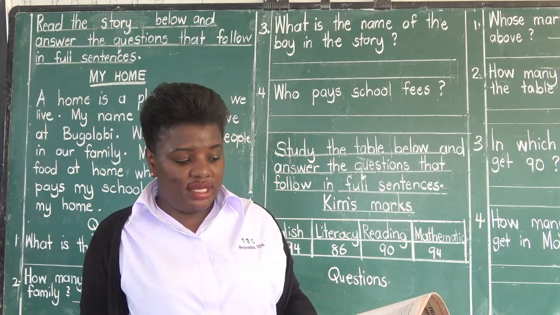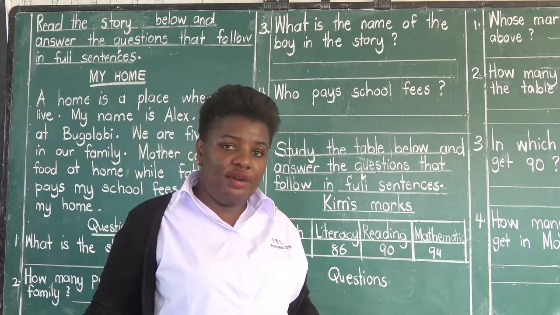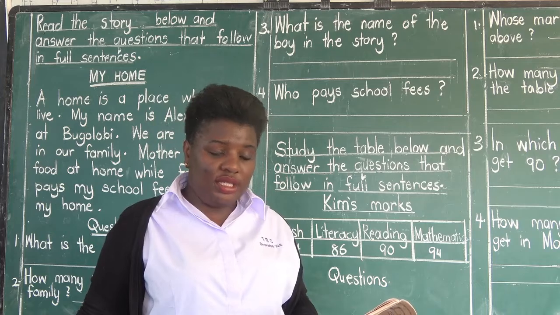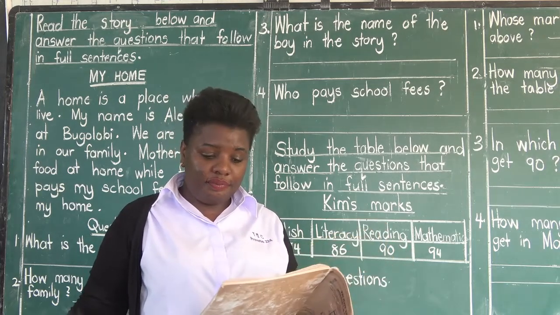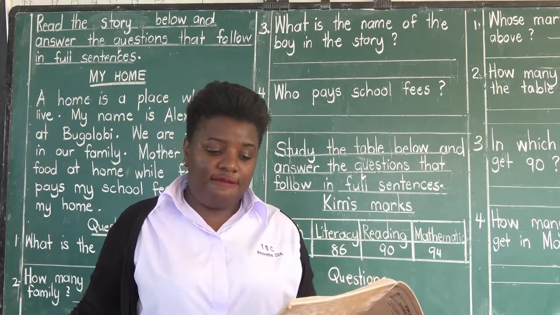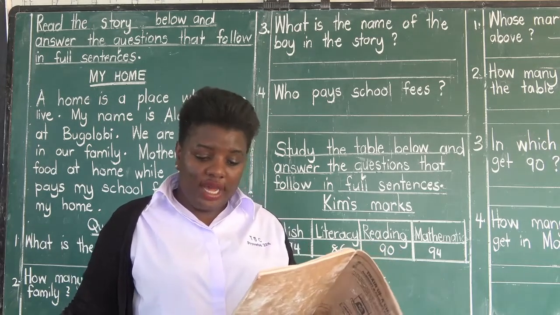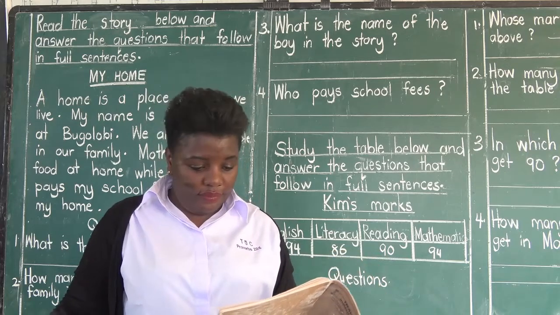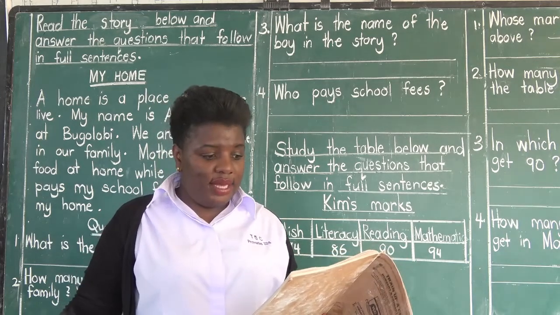So the other one is the mother, and this one is the sister. So the first picture is a picture of a sister. Next, we have mother. The next one is brother, father, and then the last one is grandfather. So you'll have to write their names there.